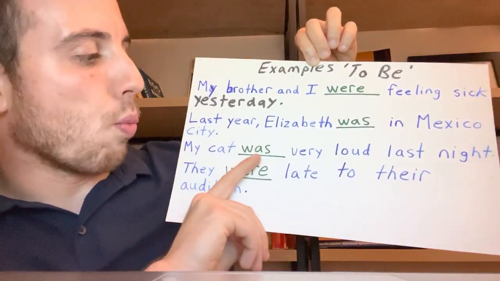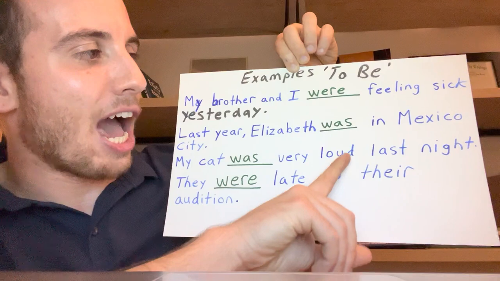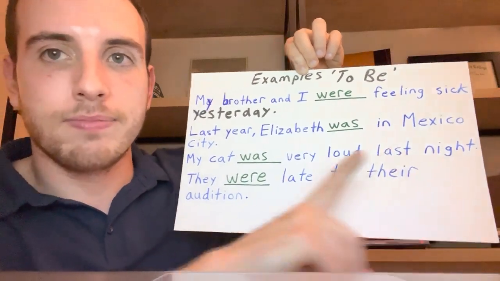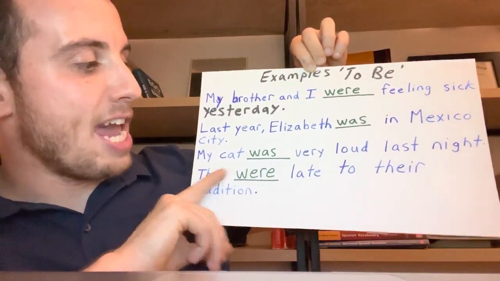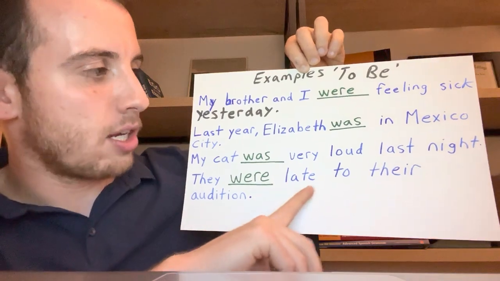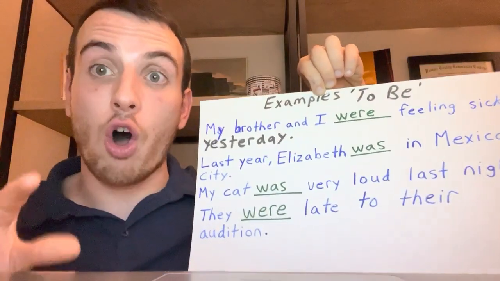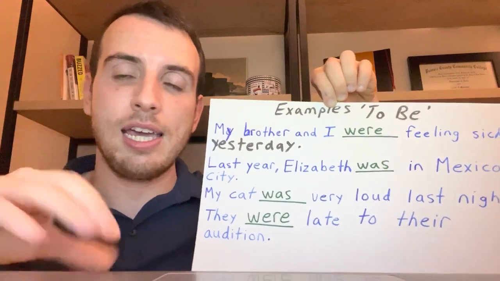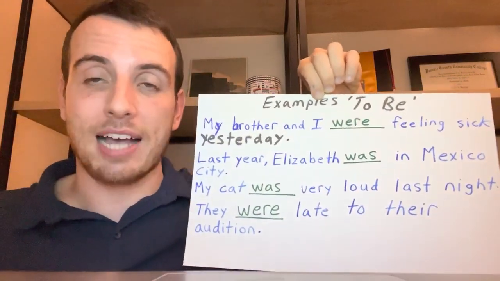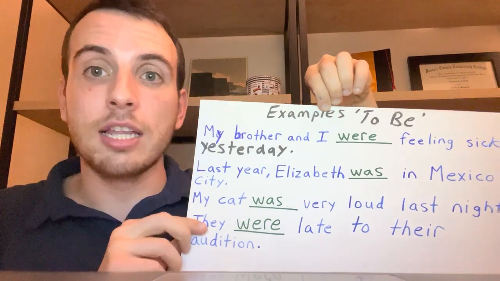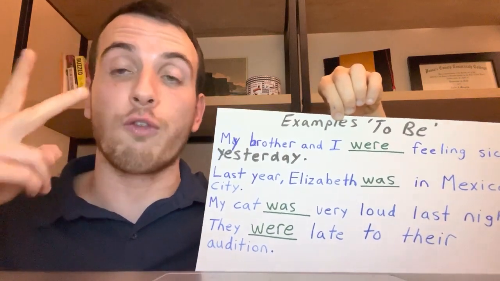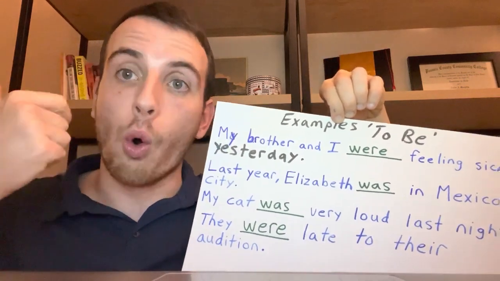My cat was very loud last night. They were late to their audition. These are all examples of to be in the simple past tense. In English, there are only two ways to form it: was or were.